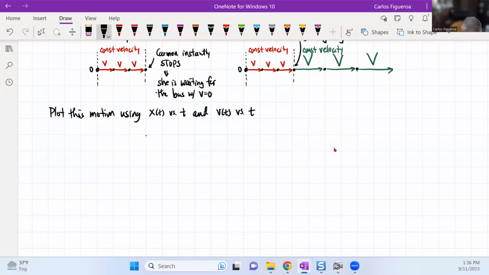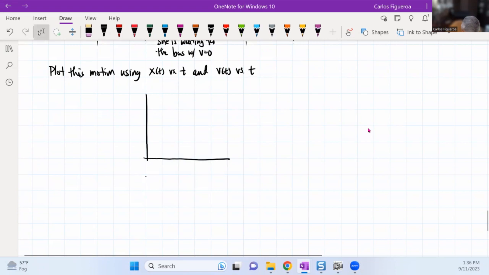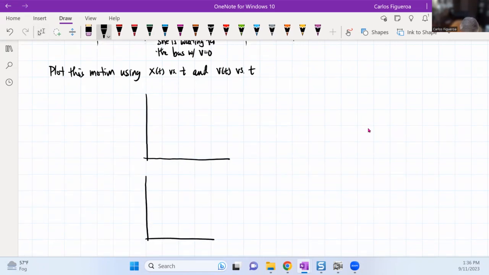So here I go. So I'm going to go something like this. Going to look like this. And then this other one, I'm going to draw right below it. And it's going to look like that. So this is going to be position, velocity, time, and time. So here we go.